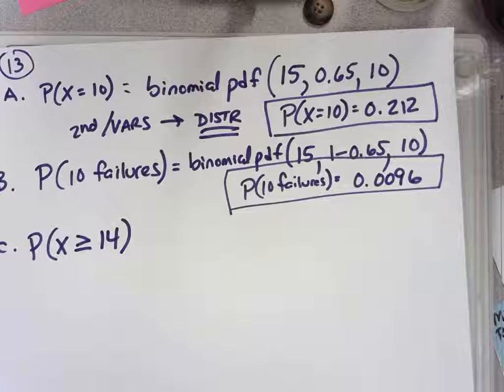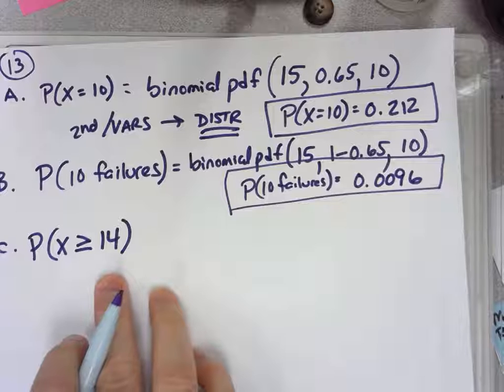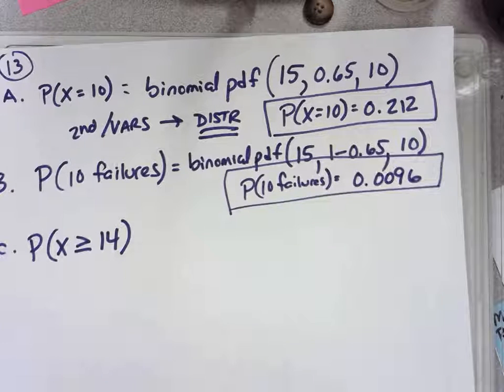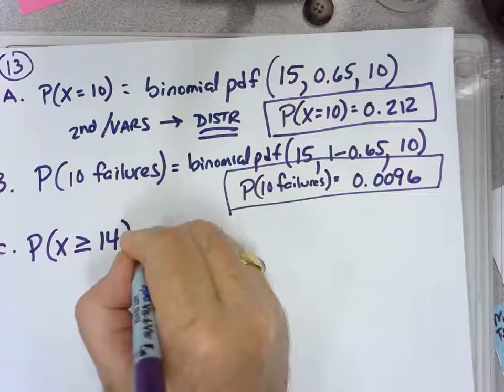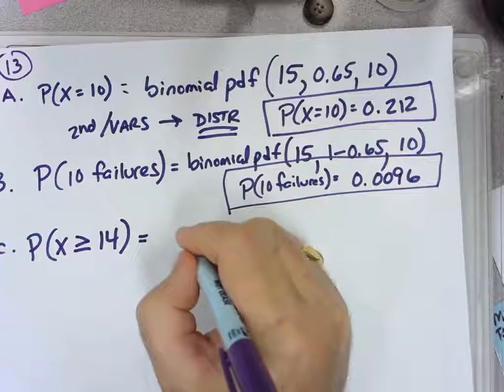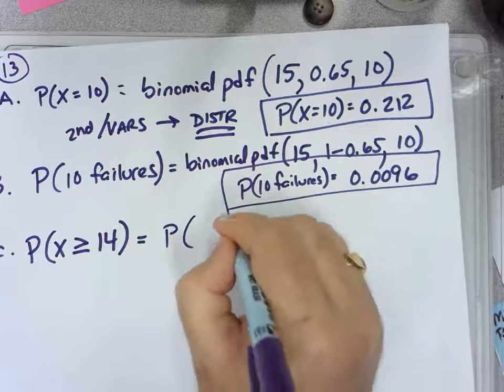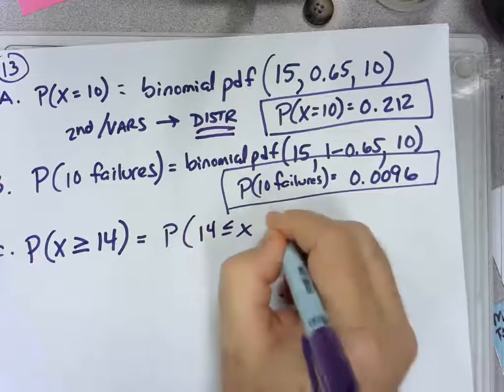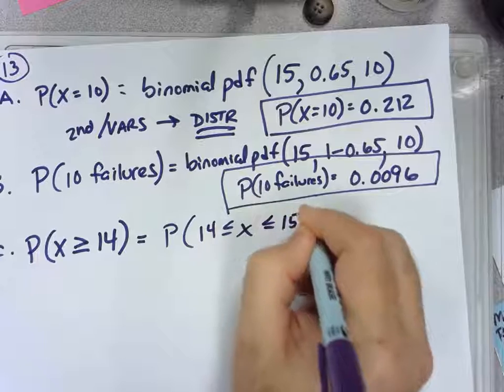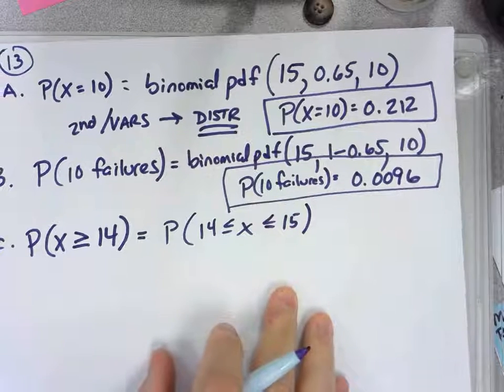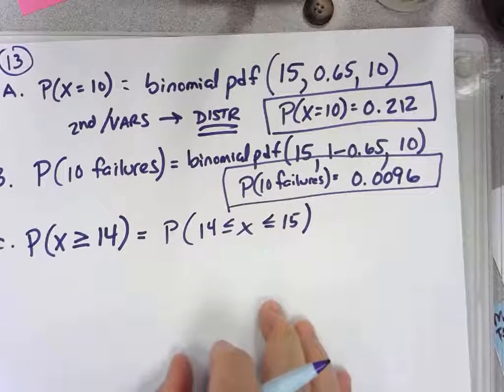So what's that equal to? You have to put that in. This is actually the probability of X greater than or equal to 14 and less than or equal to 15. That's another way to write it.